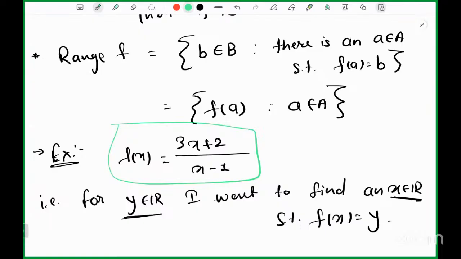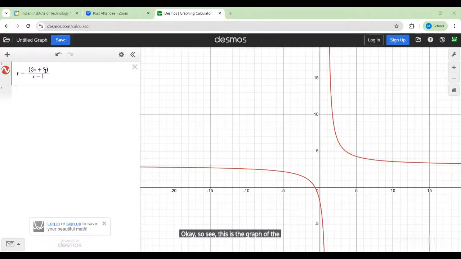Okay, so let me share my screen. See, this is the graph of the function y equals x plus 2 upon x minus 1, which we just did for onto.